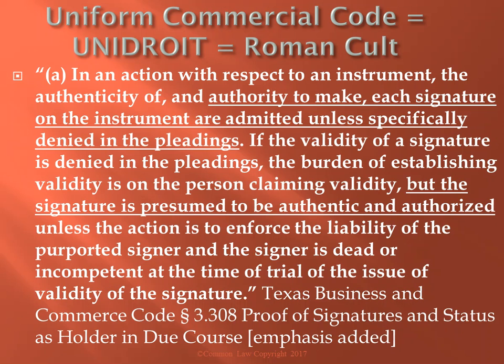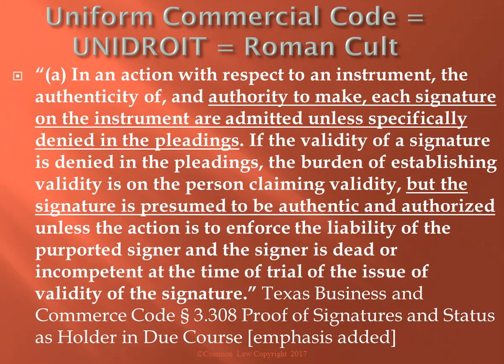Anyways, proof of signatures and status as holder in due course. In an action with respect to an instrument, the authenticity of and authority to make each signature on the instrument are admitted unless specifically denied in the pleadings.